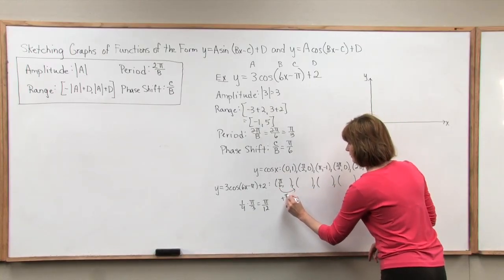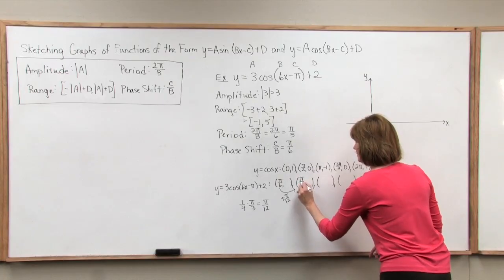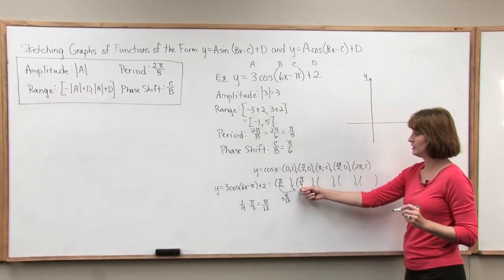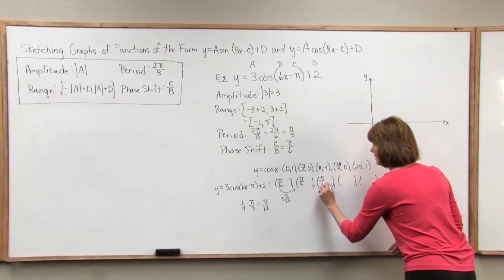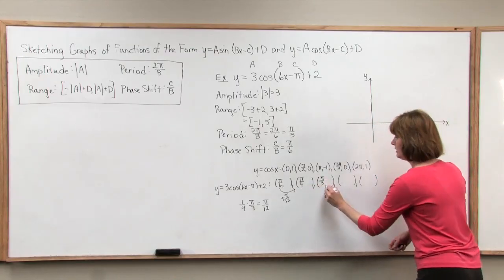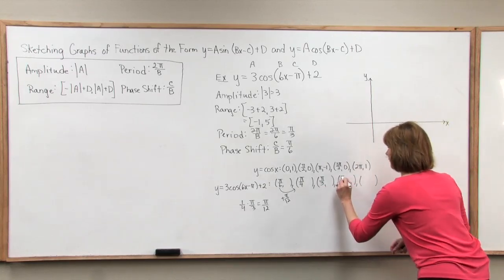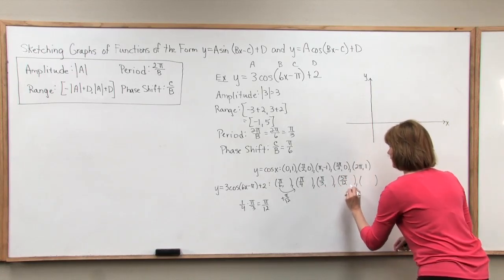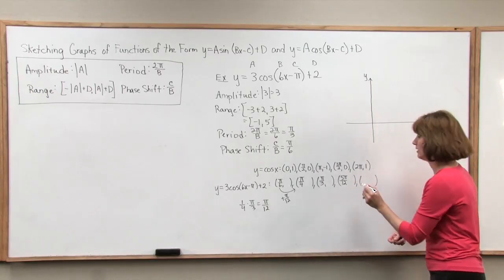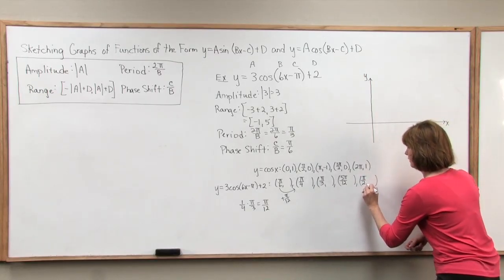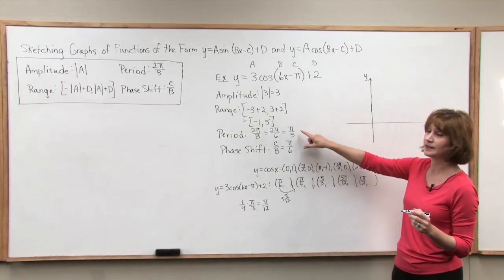When you add pi over 12 to 2 pi over 12, you get 3 pi over 12, which reduces to pi over 4. 3 pi over 12 plus pi over 12 is 4 pi over 12, which reduces to pi over 3. And 4 pi over 12 plus pi over 12 is 5 pi over 12. And then 5 pi over 12 plus pi over 12 gives me 6 pi over 12, which reduces to pi over 2. So notice that my x coordinates are affected by b and c.